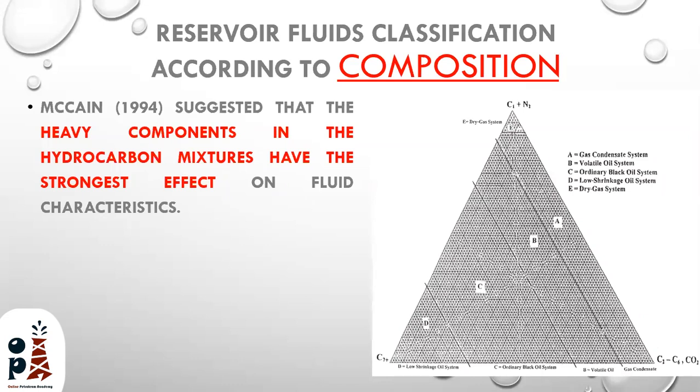By locating and intersecting these points of composition, at the intersecting point, we have 4 regions for gas condensate, volatile oil, ordinary black oil, and low shrinkage and dry gas systems. When the intersecting point is located in one of these regions, we can identify the reservoir fluid type.